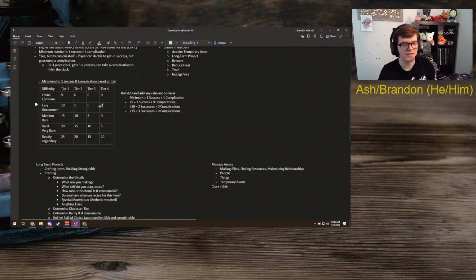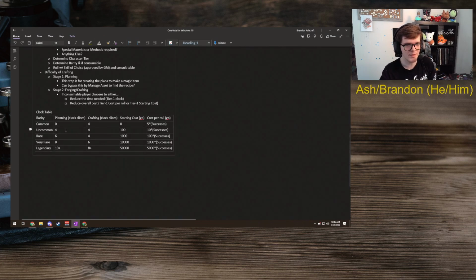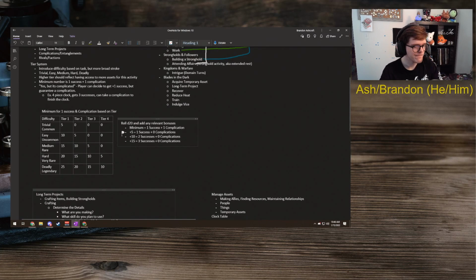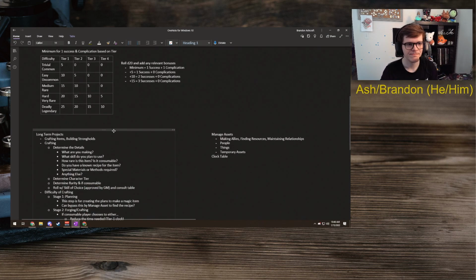You're not rolling to see if you can make them, it's when you make them. Because if it's easy, or an uncommon, that's 4 planning, 4 crafting, so you need 8 successes total. So it may take you like 2 rolls, maybe. 2 rolls, 2 complications, whatever.